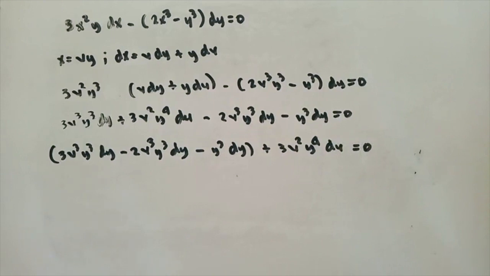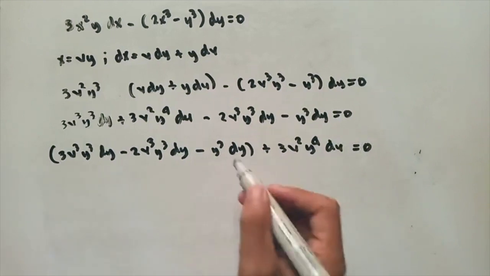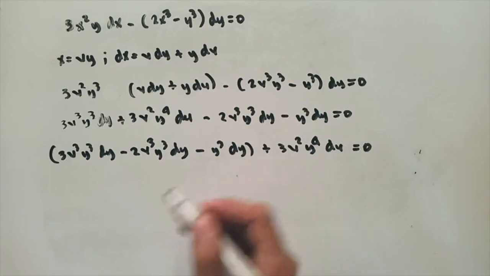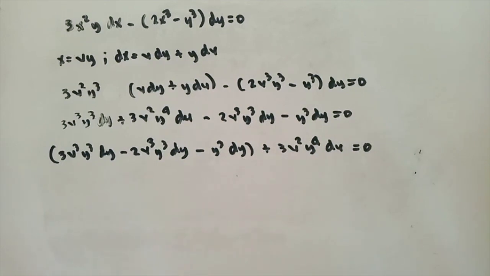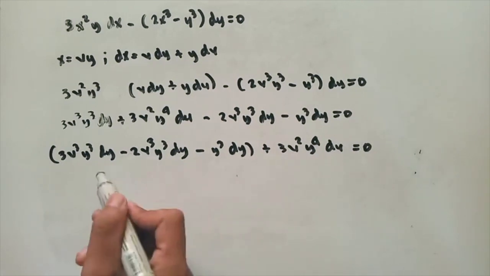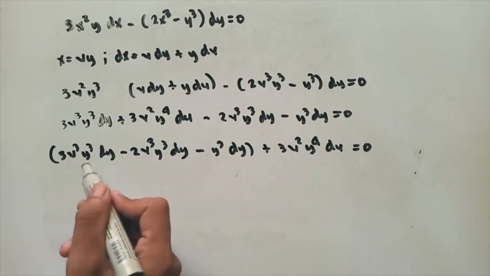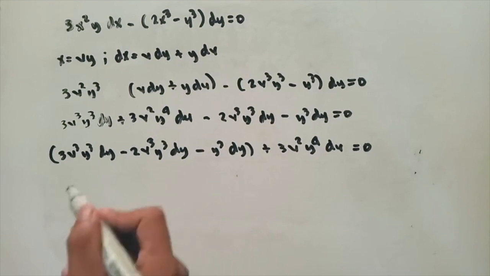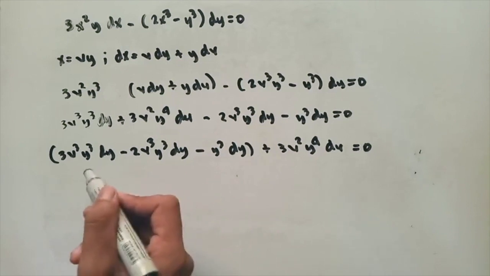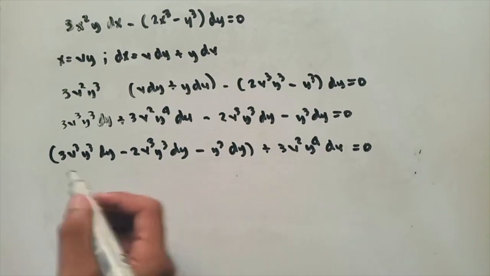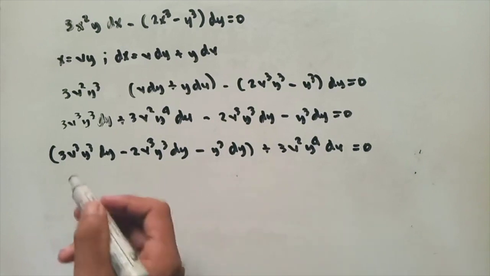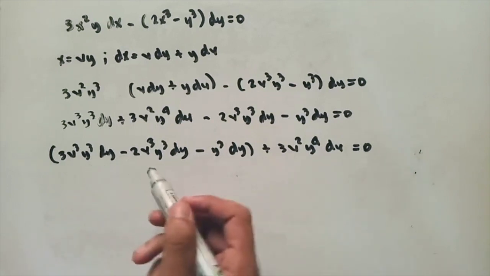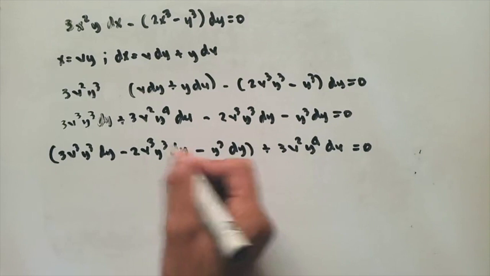So I will factor out the y cubed, or we can combine the 3v cubed y cubed minus 2v cubed y cubed.